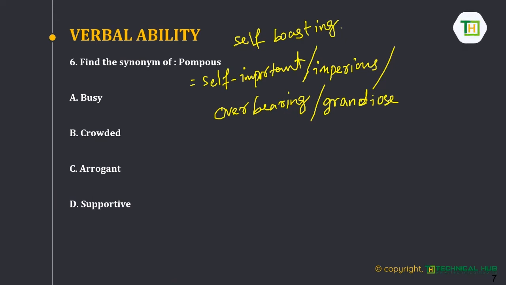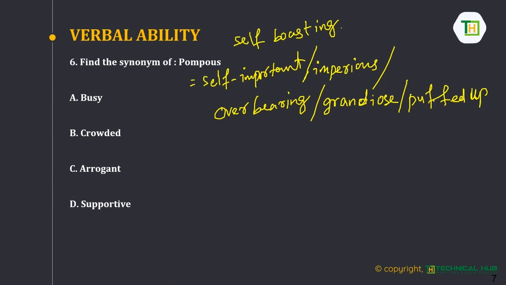Then puffed up. The last one I'm giving for this word is puffed up. How an egg puff or curry puff looks flat before inserting into the oven, and once they have been baked it becomes puffed. That means it swells and looks bigger.